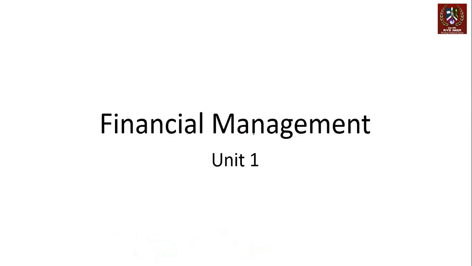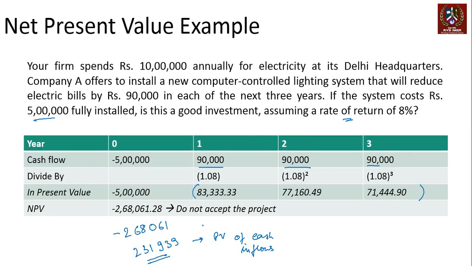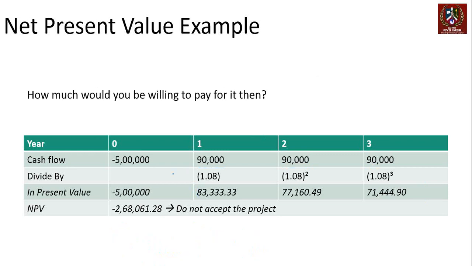Which logically comes back to our previous discussion, that if this is the present value of all these cash flows that we are looking at, then for all practical purposes, the maximum that you would be willing to pay here would be 2,31,939. That's the maximum payment you will do, right?